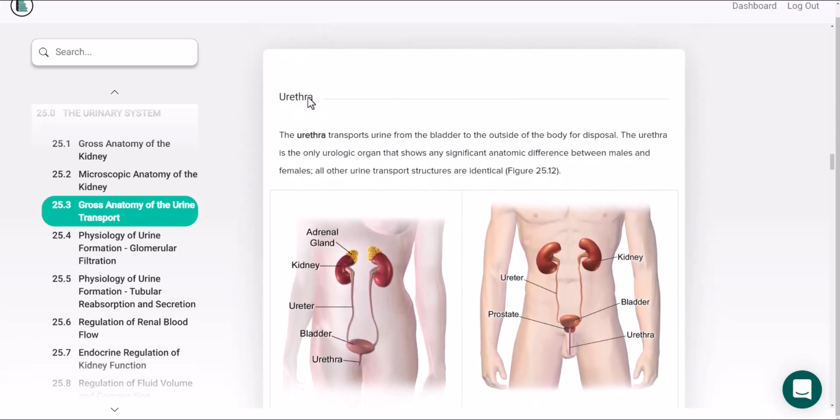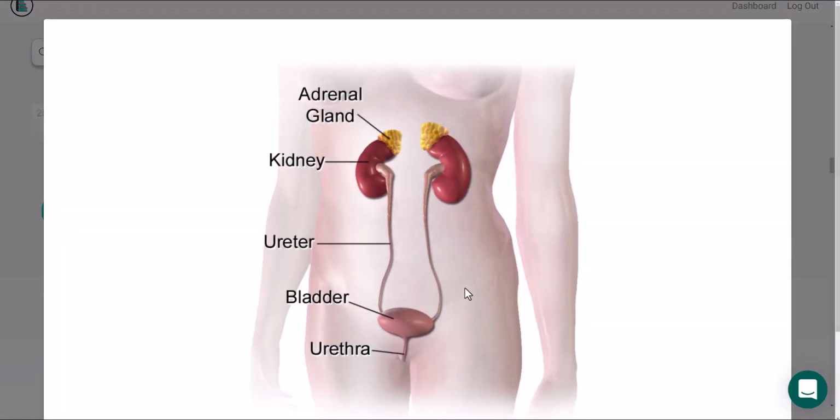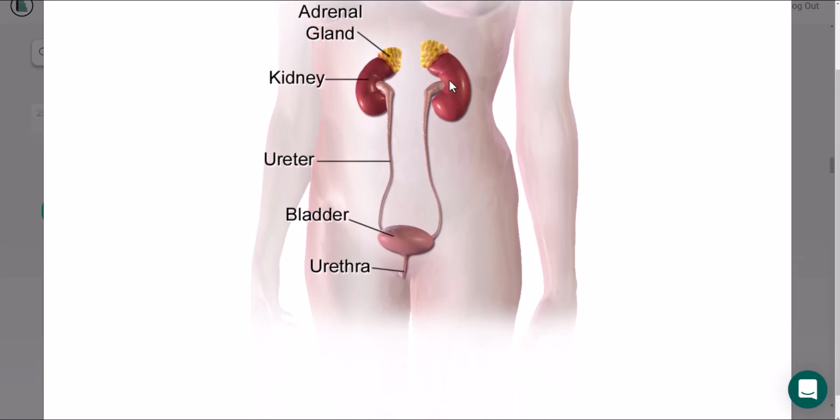From the bladder, urine is going to travel out the urethra. Again, let's look at the difference between the male and the female. No difference in the kidneys, no difference in the ureter, no difference in the bladder, and then out the urethra. Again, two sphincters here, internal and external.